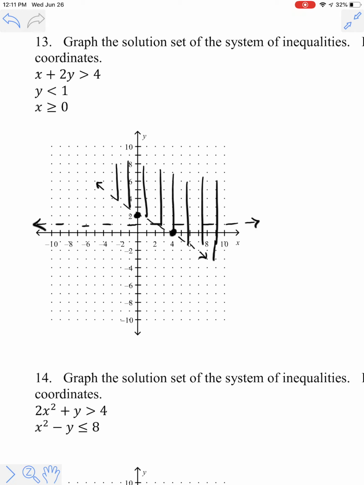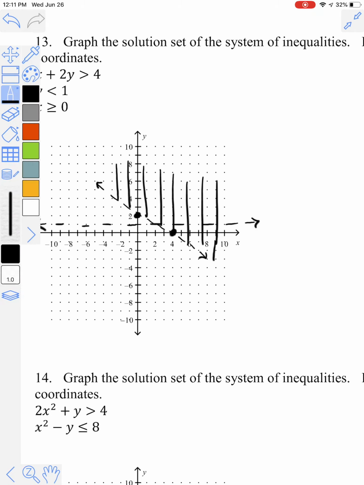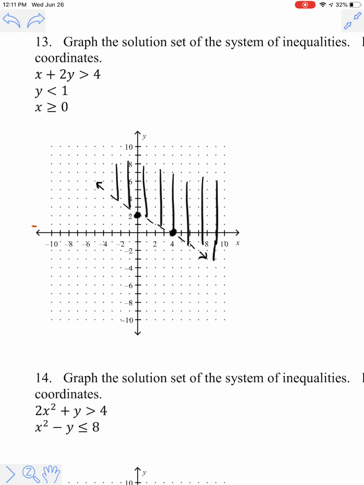And less than 1 means we're shading below. So let me do that in a different color. I'm shading below this one because those are values that are less than 1.